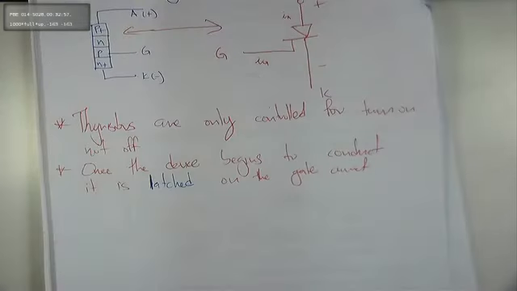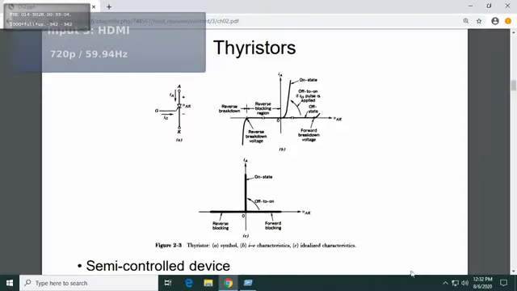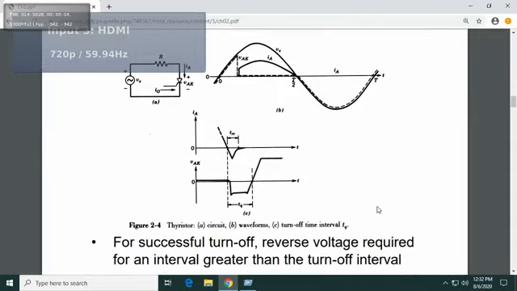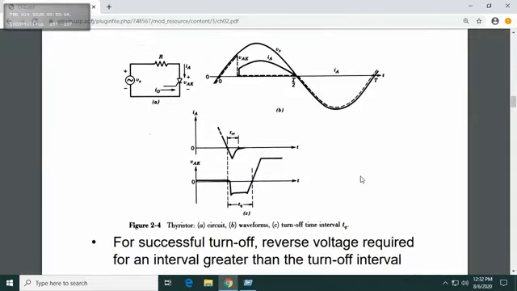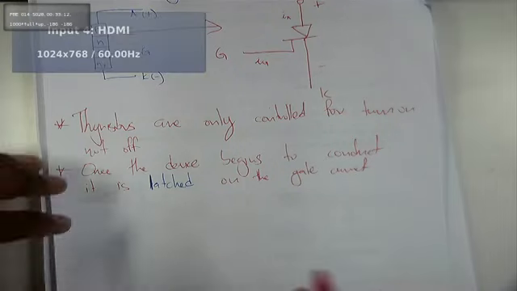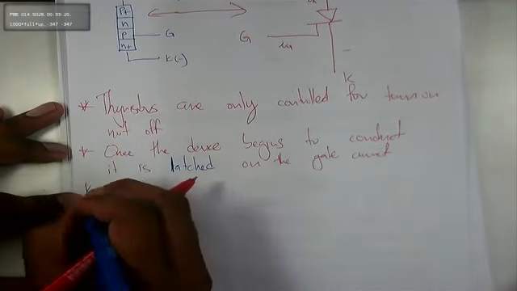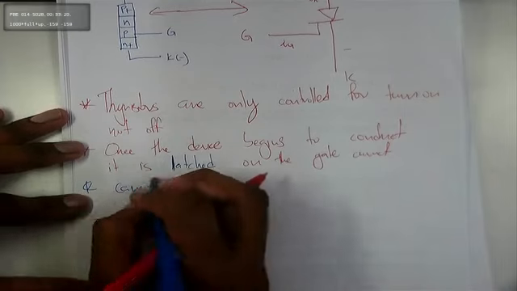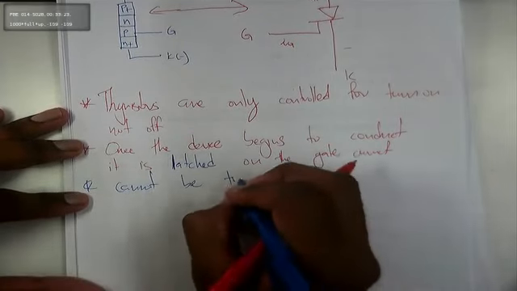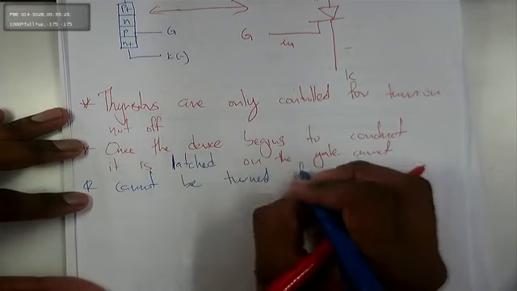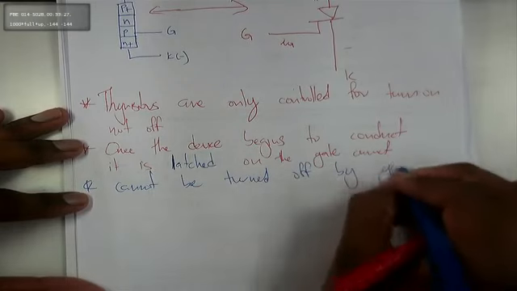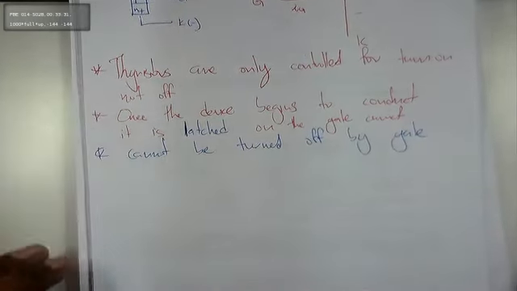Let's see what is given here. So this is the example. But before that, let's continue to write a few more things. Let me write the point that I have just said. Cannot be turned off by gate.